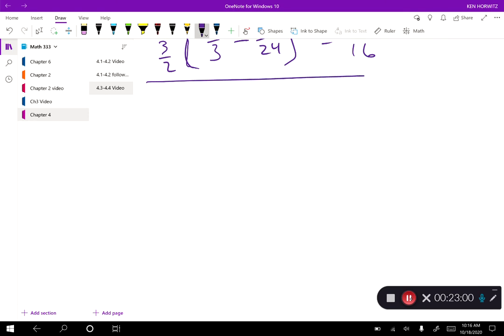We are going to move on to section 4.4, which is the uniform distribution for continuous random variables.